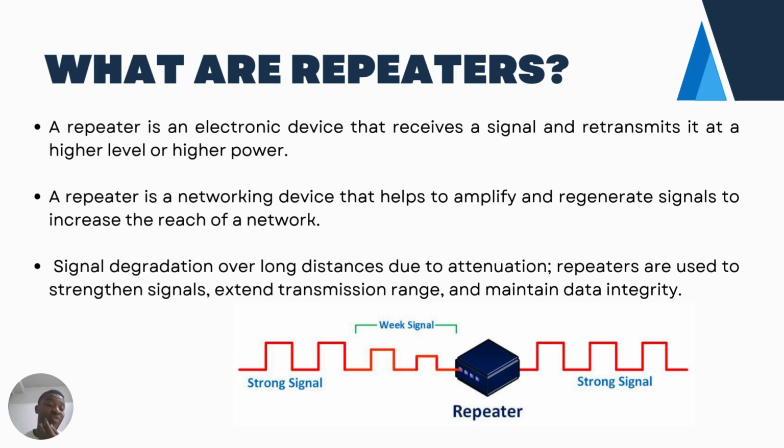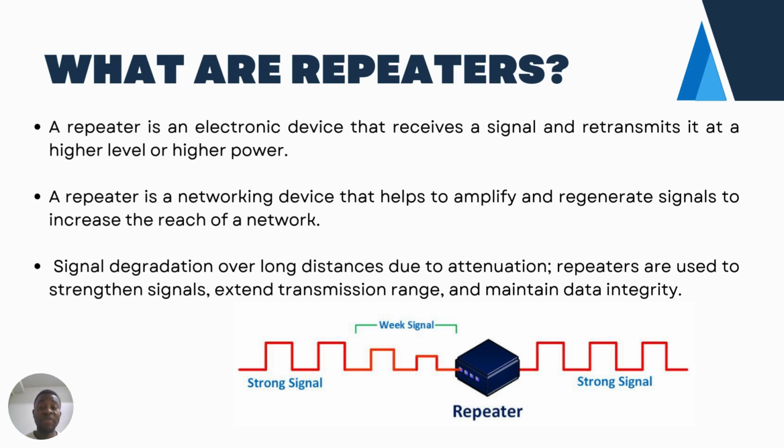So why do we need repeaters? When data travels over a network, the signal weakens due to something called attenuation. This happens because physical mediums like cables or wireless channels have limitations, so signals decrease as they travel farther.